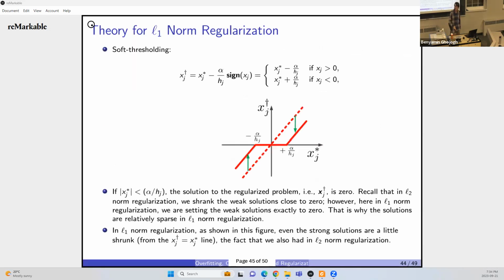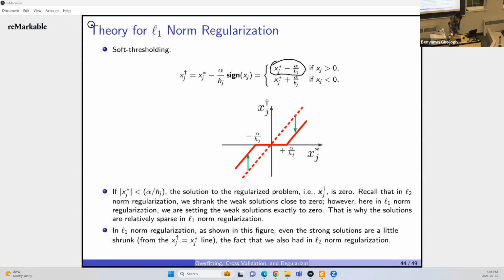So when we draw soft thresholding, it is a plot like this. What does it mean? When xj is greater than 0, it's a line with respect to xj star, where its intercept here is alpha over hj, right?